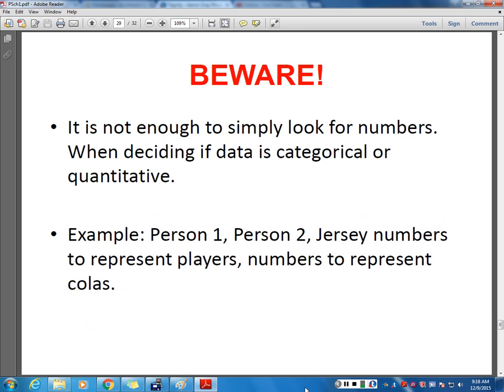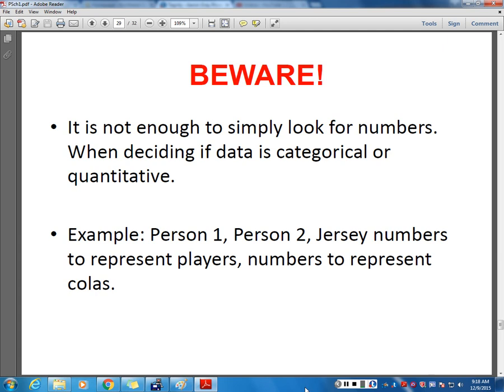Be very careful, though. It's not enough to simply look for numbers if you're deciding if data is categorical or quantitative. For example, if I have person 1 and person 2 and person 3 and so on, numbers are involved in that sample. However, that data is categorical. They're just names or labels that have been coded to preserve anonymity. Jersey numbers represent players on a team as another example.